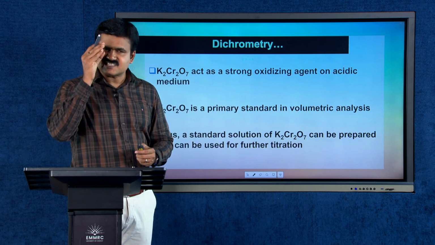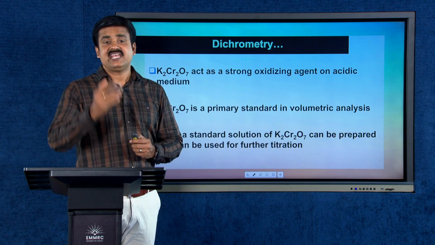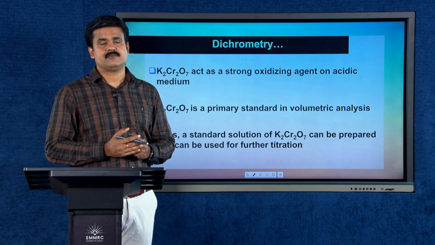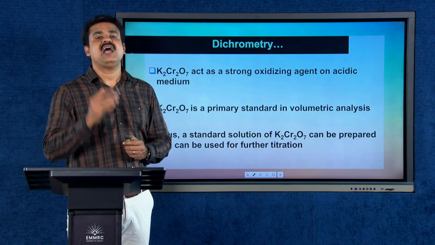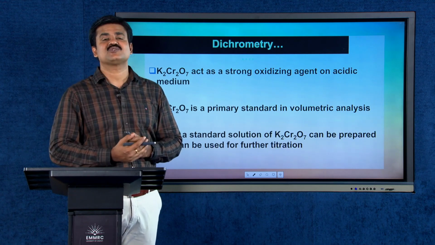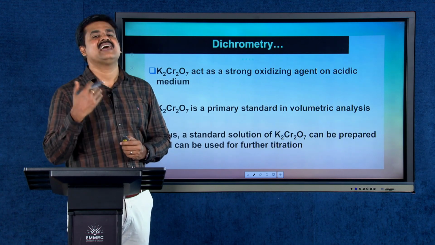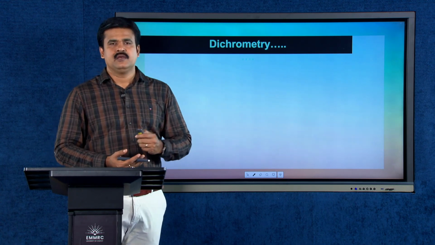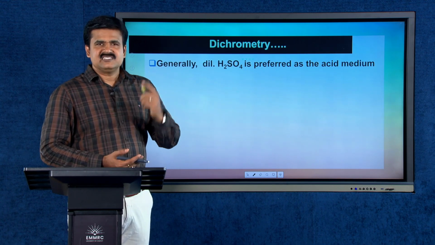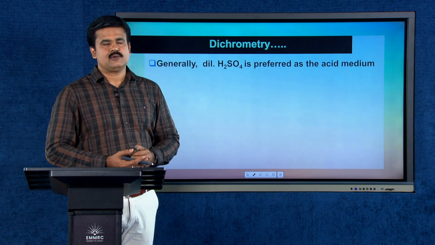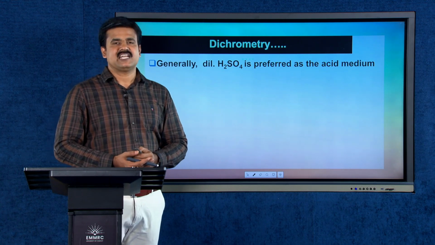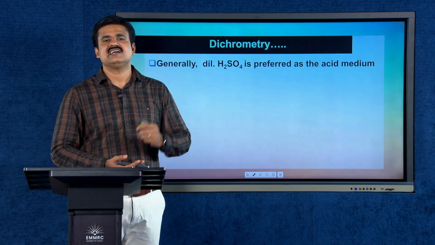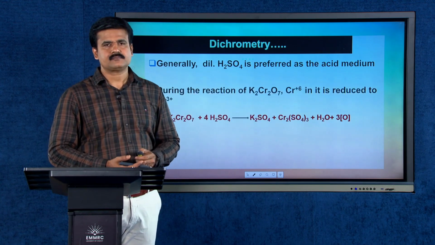That is, it is possible to prepare a standard solution, a solution with exactly known concentration of potassium dichromate, and you can use that standard solution to analyze the concentration of the given analyte. Now, in dichrometry or titrations involving potassium dichromate, dilute sulfuric acid is preferred as the acid medium.